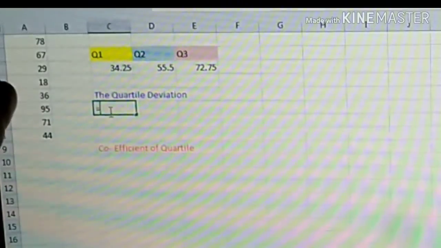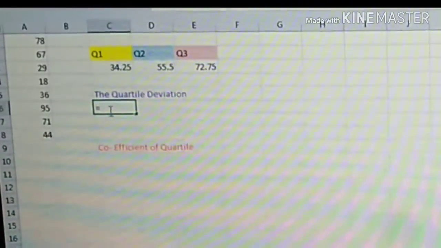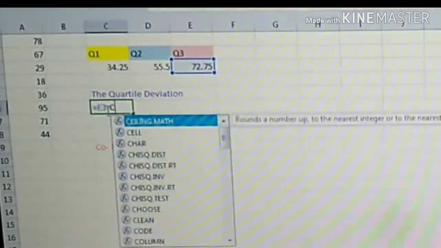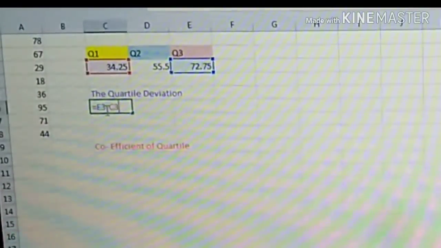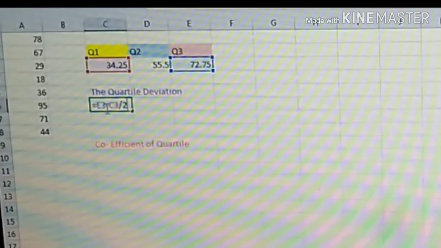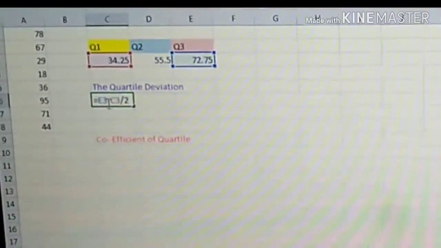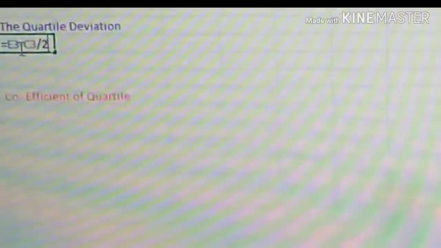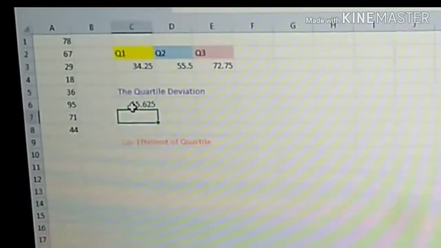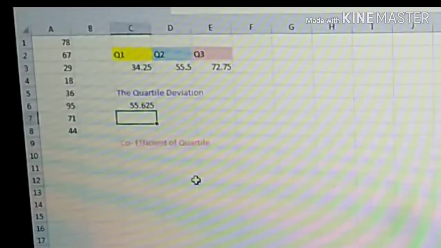So, E3 minus quartile 1, C3, divided by 2. That would be the formula. As you can see, then enter. That would be the quartile deviation.